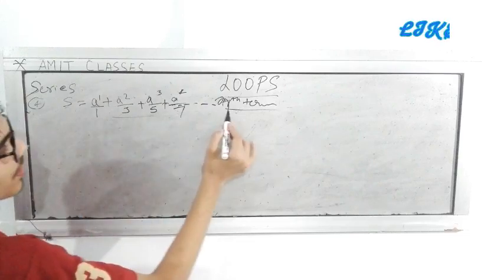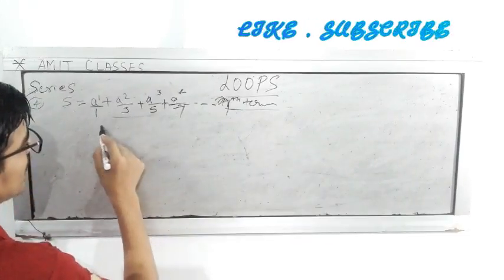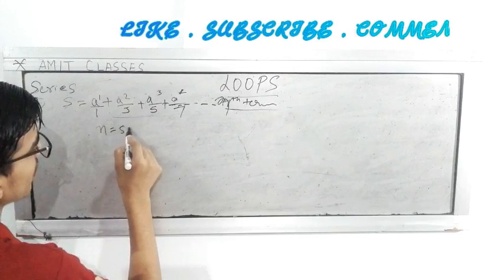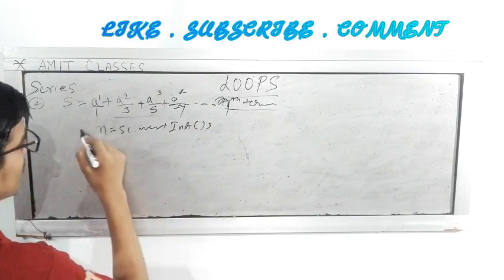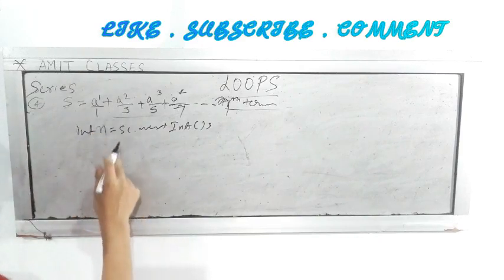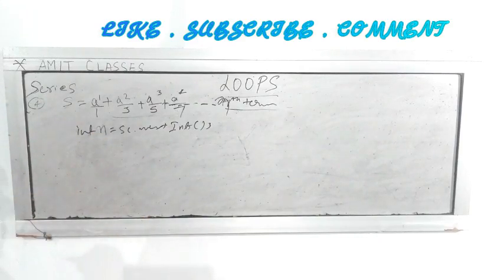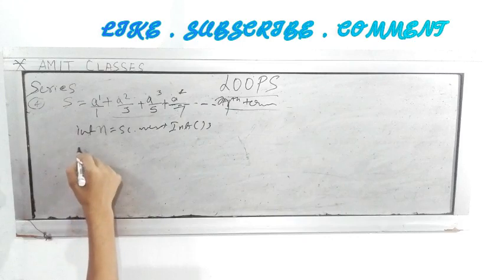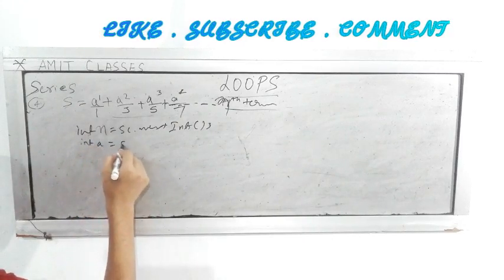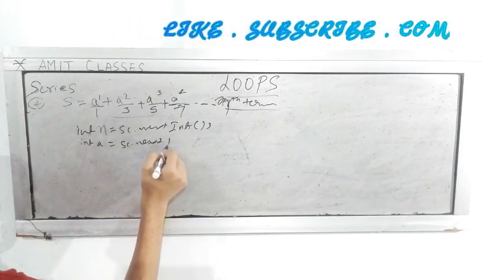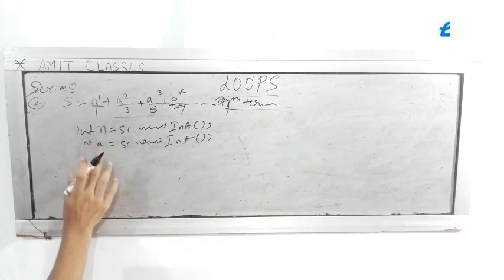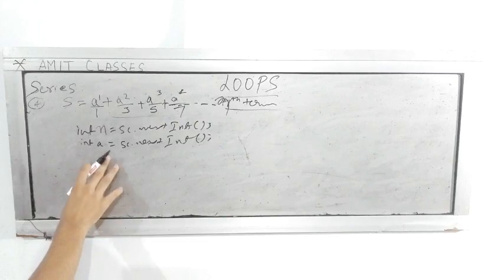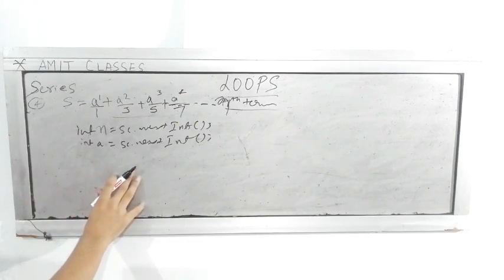For n terms we'll take input n is equal to sc dot nextInt, and we'll take input of A also here, and now from here our programming starts.